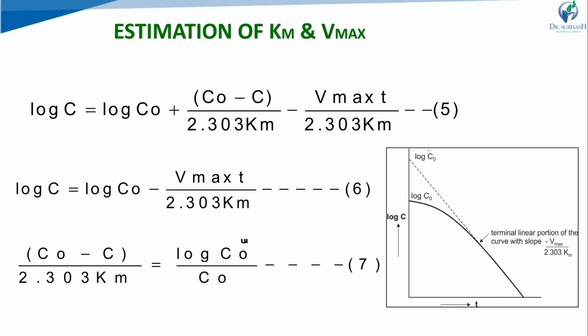So log C is equal to log C0 minus Vmax upon 2.303 Km. At low plasma concentrations, we equate the two and simplify the equation further: (C0 minus C) upon 2.303 Km is equal to log of back extrapolated C0 upon C0.